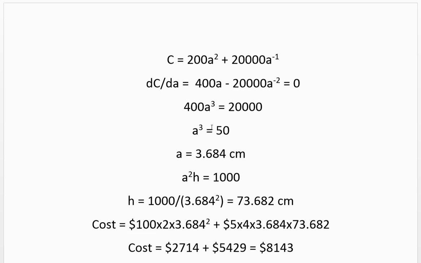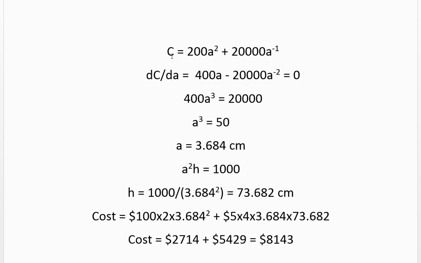All right, so this is our equation. The cost is 200A squared plus 20,000 A to the minus 1. So if we take the derivative, dC/dA, it's 2 times 200A, which is 400A, minus 1 times 20,000 A to the minus 2.